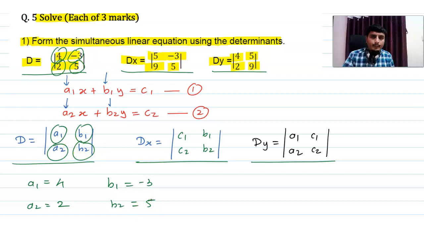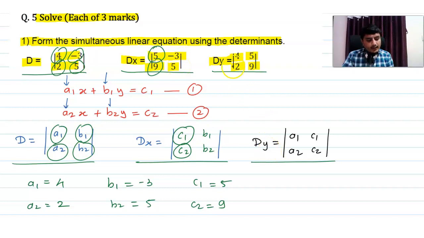Now compare Dx with the given Dx: c1 becomes 5, c2 becomes 9, while b1, b2 remain unchanged from D, that is -3 and 5. Same thing here, we have -3 and 5.